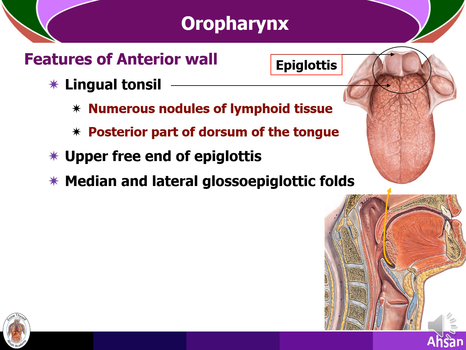The epiglottis is connected to the tongue by mucosal folds. There is one median glossoepiglottic fold and two lateral glossoepiglottic folds. The epiglottic vallecula is shown by the arrows. This is between these median and lateral glossoepiglottic folds.